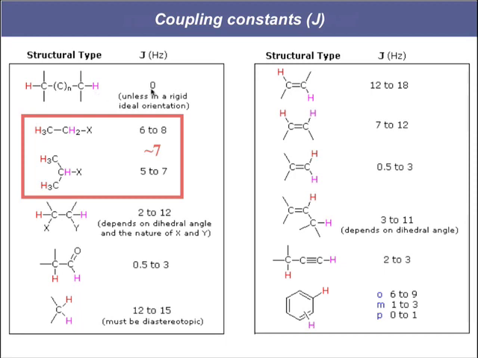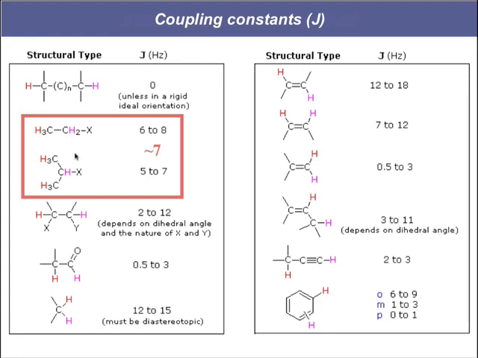There should be 0 splitting between those guys, unless you have some very strange orientation that places these H's near each other so that they can actually feel each other. Like if they are, say, bent over and kind of crisscross so that they're in close contact with each other, then you might get splitting. But generally speaking, as long as this is a non-rigid molecule, these H's are going to be way too far away from each other to feel each other. So there's going to be 0 splitting.